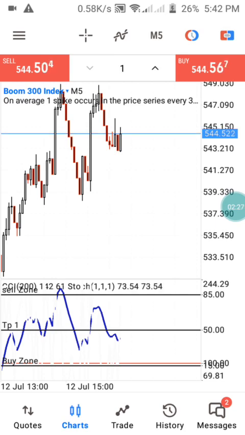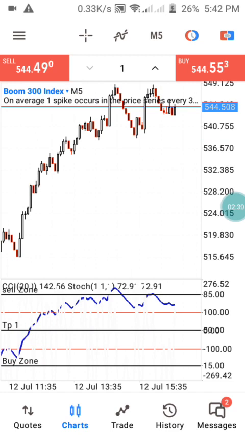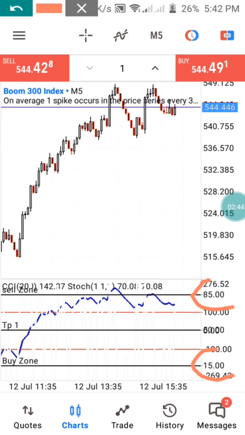The best thing for you to trade Boom and Crash is to understand the trend of this market. To understand the trend, you need to know that we have two important levels, which are the 85 level and the 15 level.